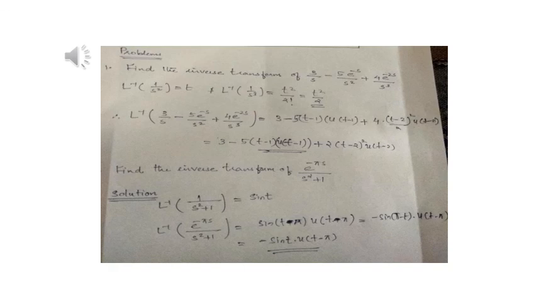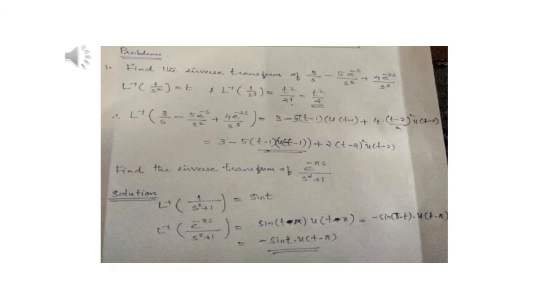So coming to the question, L inverse of 3 by s minus 5 e raised to minus s by s square plus 4 into e raised to minus 2s by s raised to 3 gives L inverse of 1 by s is 1. So it is 3 into 1, which is 3. Then 5 e raised to minus s by s square can be written as 5 into t minus 1 into u t minus 1.